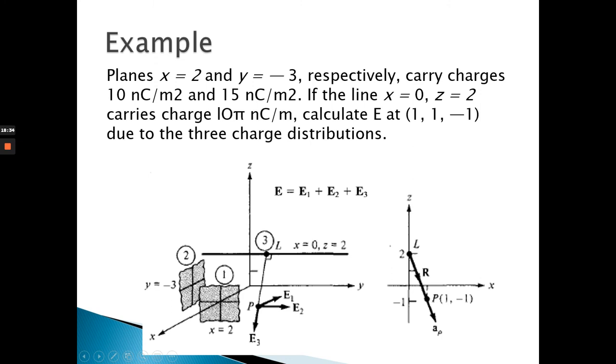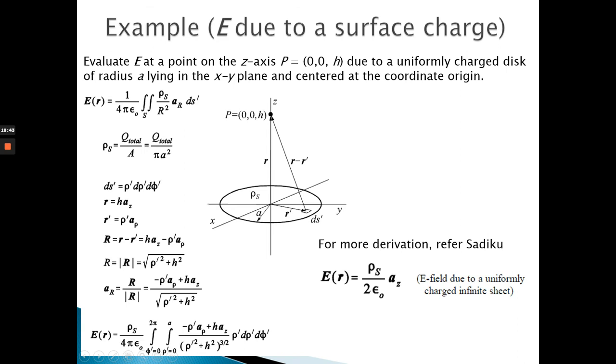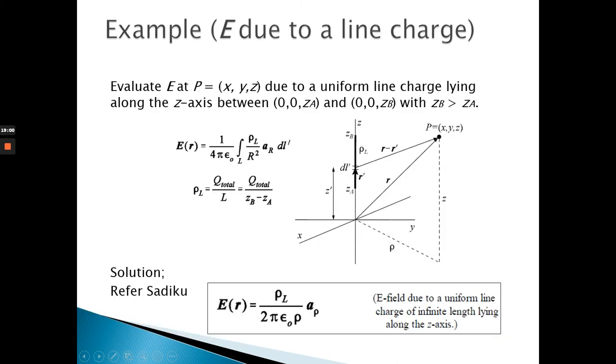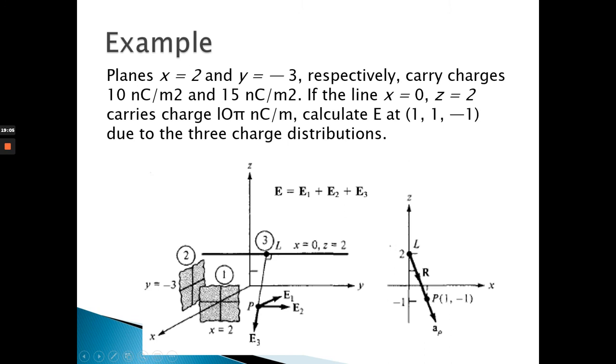E1 and E2 come from the surface charge equation, with rho S1 for surface 1 and rho S2 for surface 2, and E3 comes from the line charge equation.